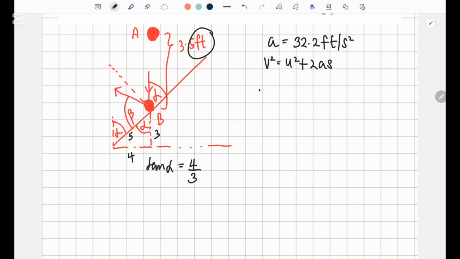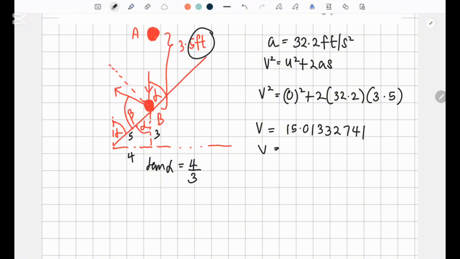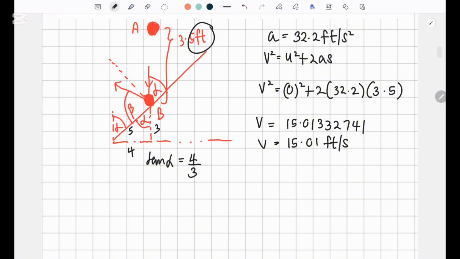So v squared equals 0 squared plus 2 into 32.2 into 3.5. This gives 15.01332741, which I'll round off to 15.01 feet per second. That's the vertical velocity at B.